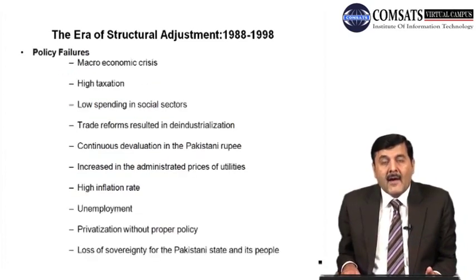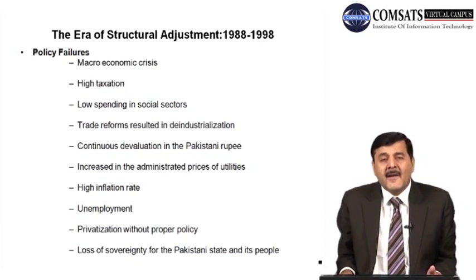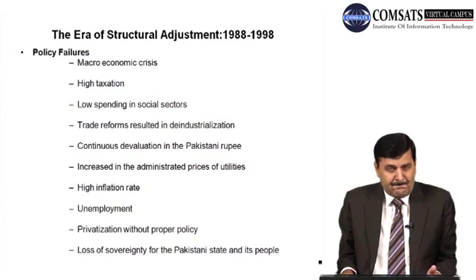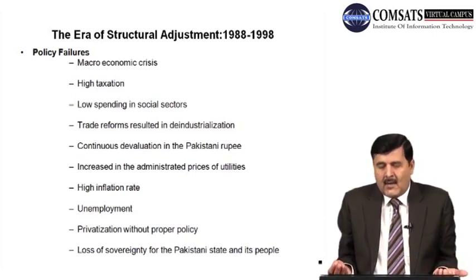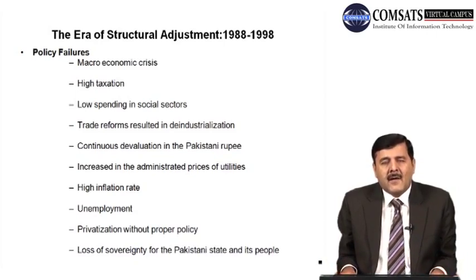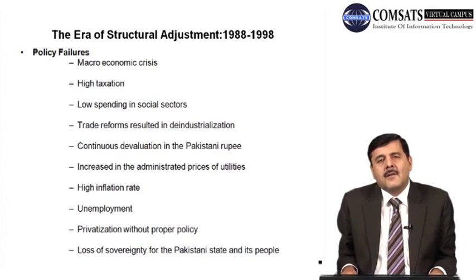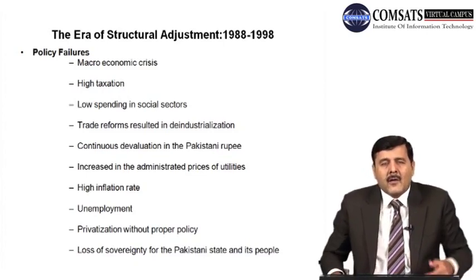Of course, there is a long list of failures of this era. What were the main failures? Macroeconomic crisis. When we say macroeconomic crisis, it means there were crises in all parameters of the economy: low economic growth, low growth in real GDP, and unemployment, as people did not get jobs.